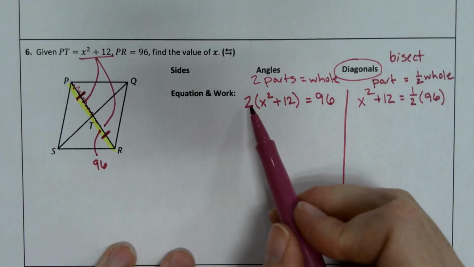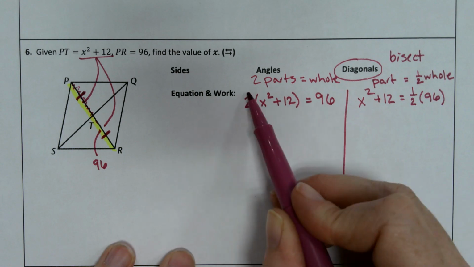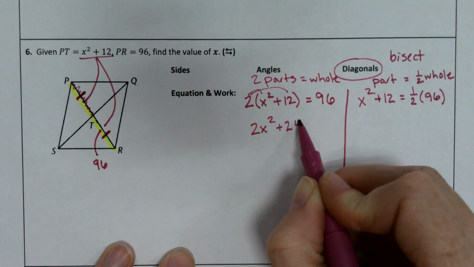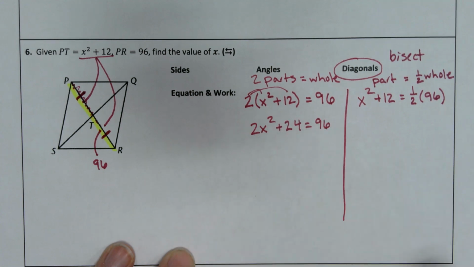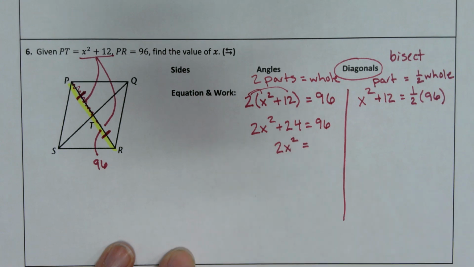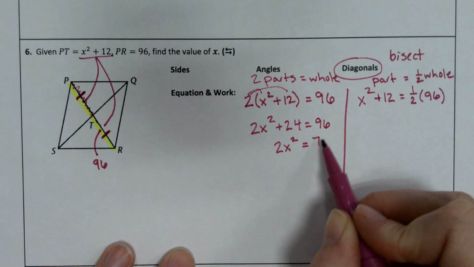All right, if you're doing this 2 parts equals the whole business, we're going to distribute probably to get 2x squared plus 24 equal to 96. Subtract that 24 from both sides to work on getting the x isolated on the left side of that equation. 96 minus 24 is 72.